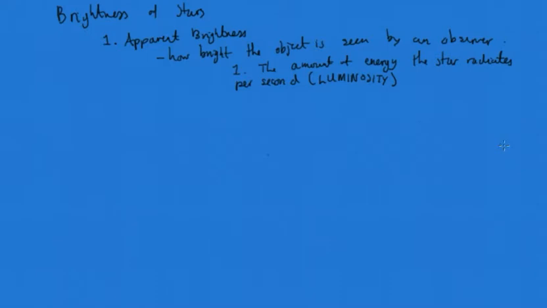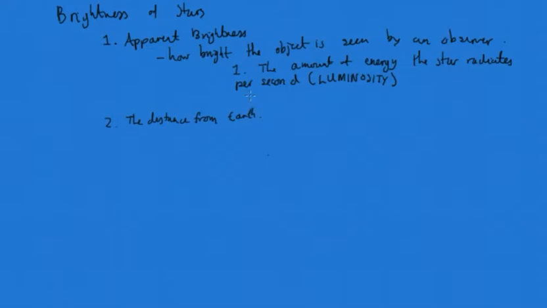The second thing that influences the apparent brightness of a star is the distance from Earth.